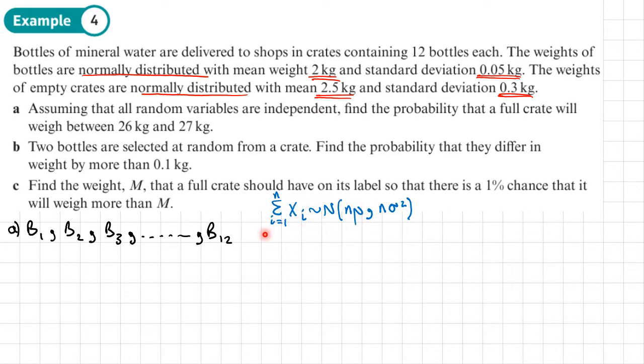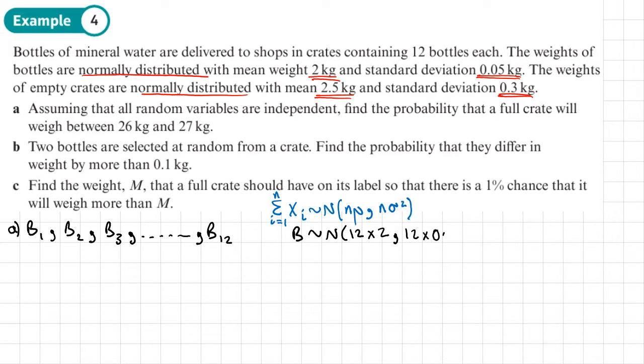So the distribution of the sum of all 12 of these, let's just call that B, is going to be normally distributed. N is 12 because I've got 12 bottles. 12 times the mean of each bottle, which is 2, and then 12 times the variance of each bottle.